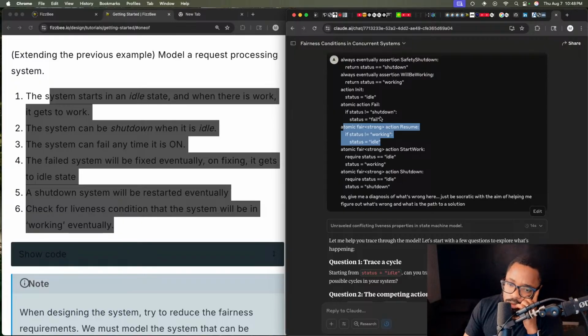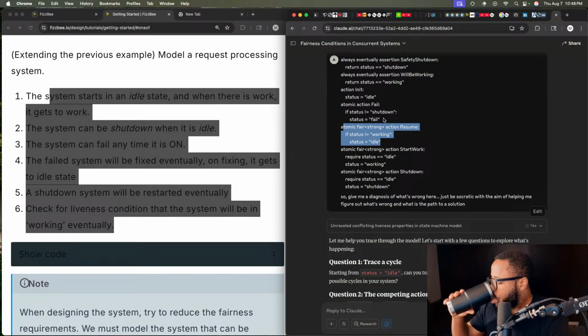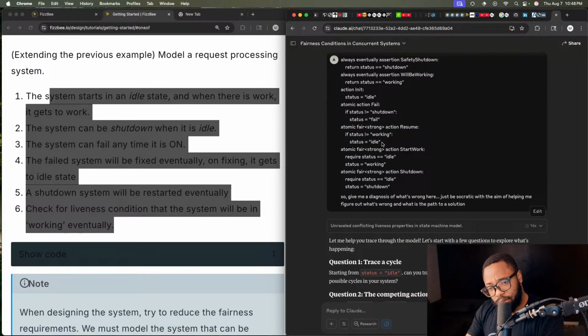I think it was fail. Like the way the system is correctly written, you wouldn't be able to stay stuck at fail. You'll eventually go back to idle, but then can't you just restart the same cycle, which is what is being pointed out?